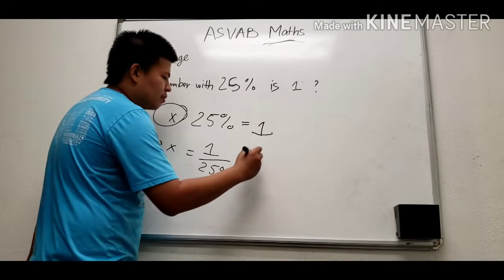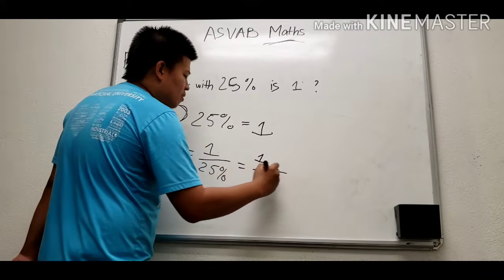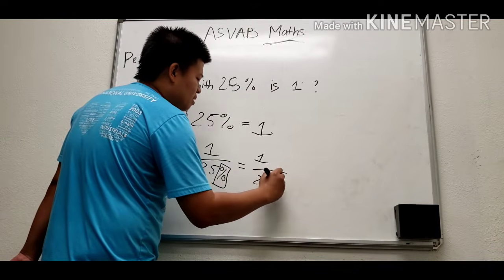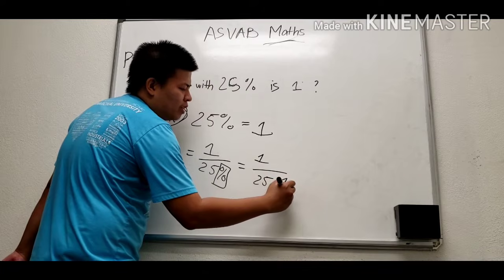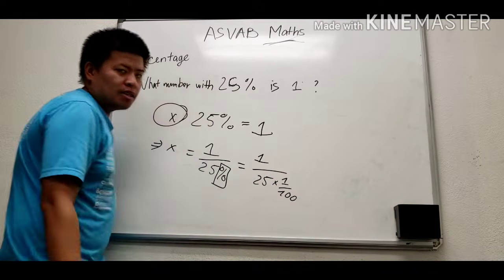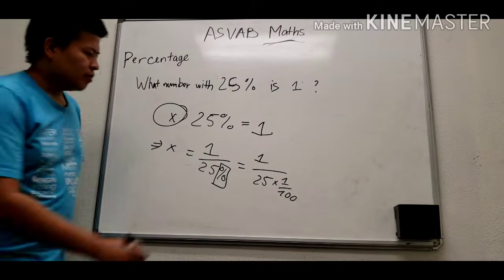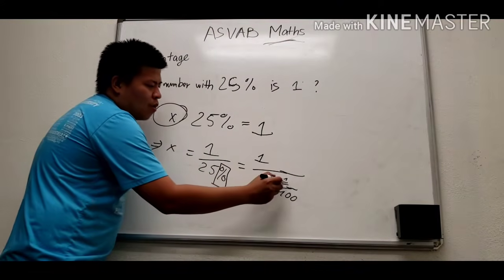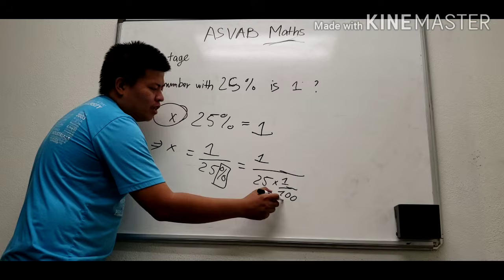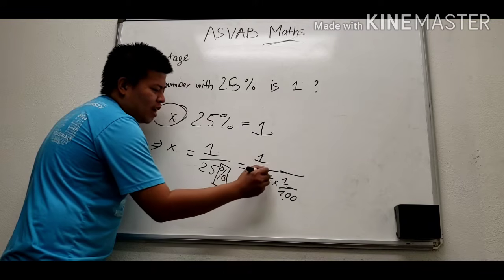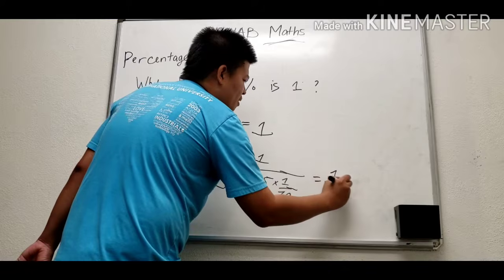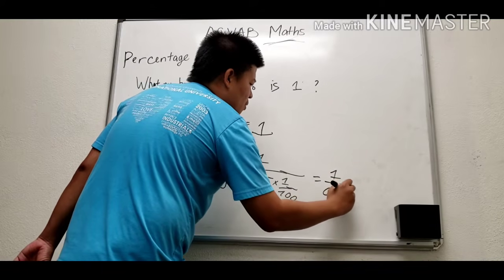Here the percentage is 25 with 1/100. Because 25 divided by 100 is 0.25, we can go 1 divided by 0.25.